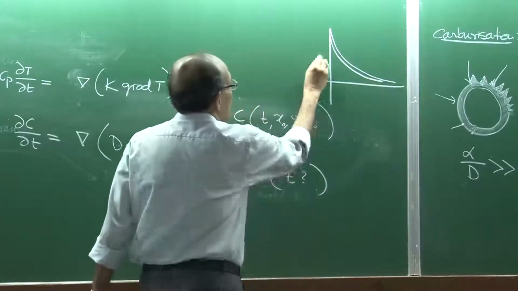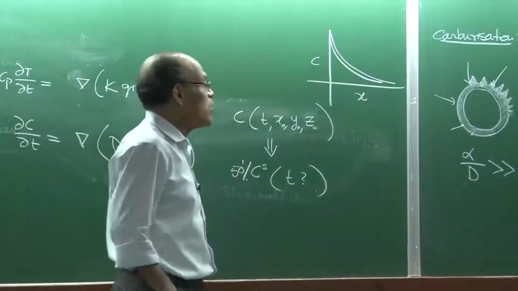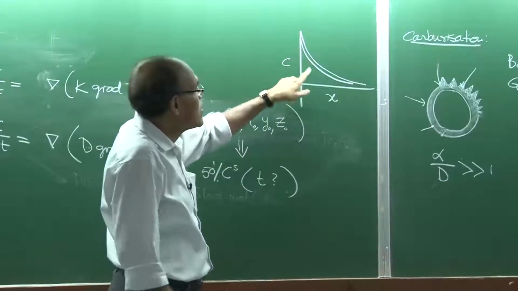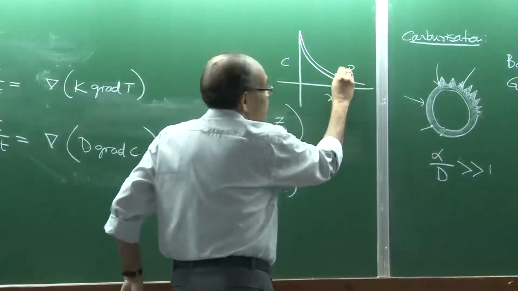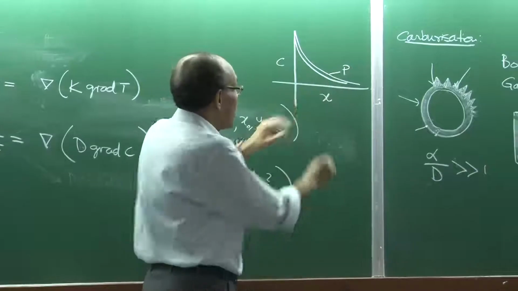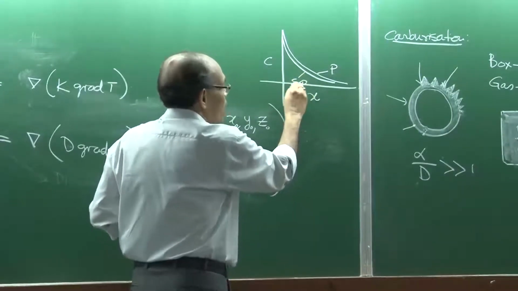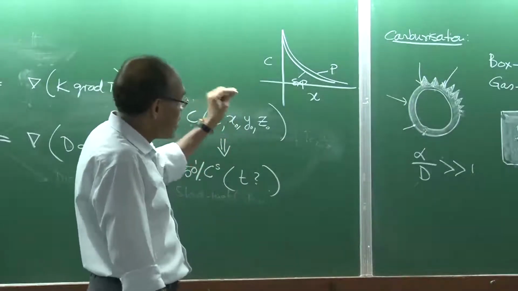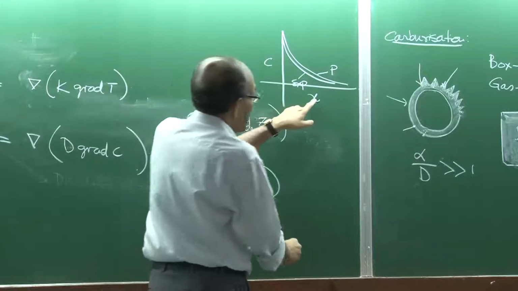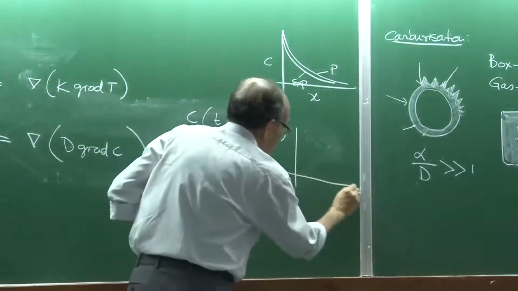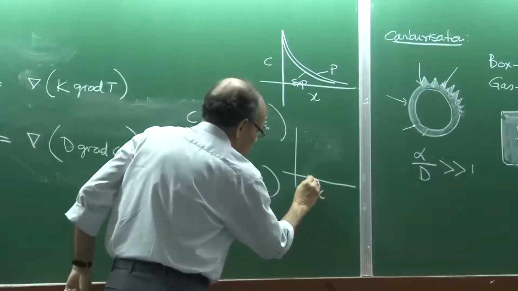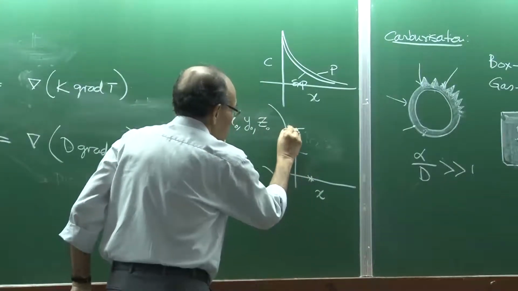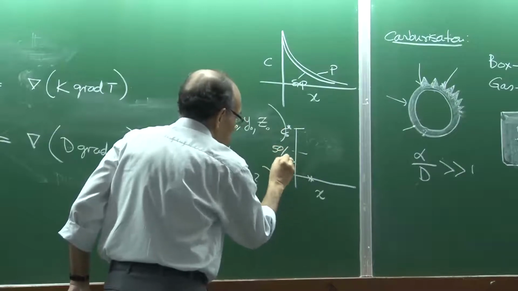So one line could be concentration versus distance. This is also possible if you can measure the concentration at different points, and then you can see that one line is the predicted line, based on the error function solution. The other could be the experimental line. So you can verify, okay? Or alternatively, you can have just one point here, the location where I have CS star and this is 50% of CS star.